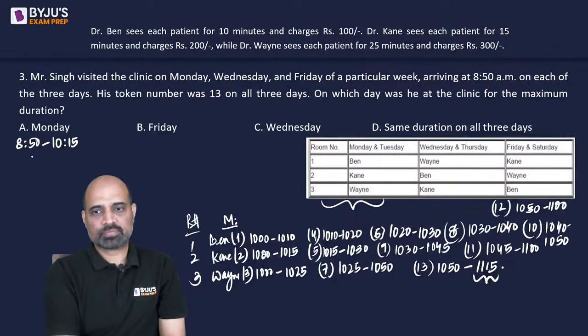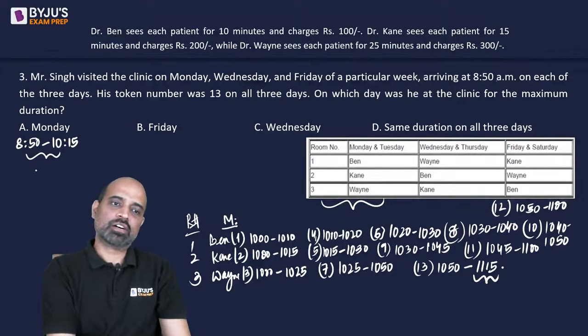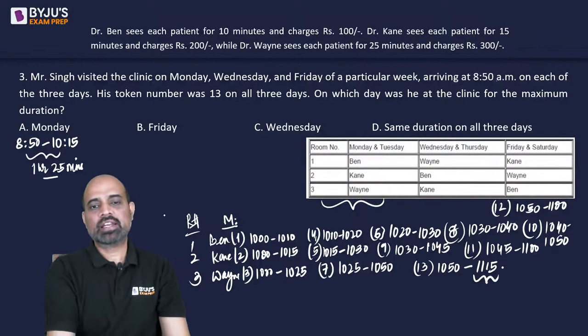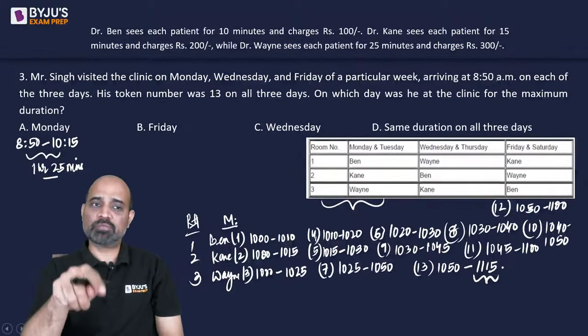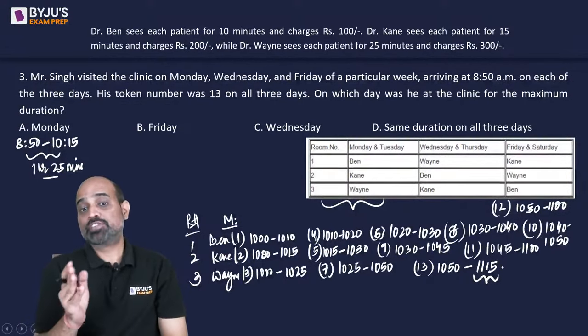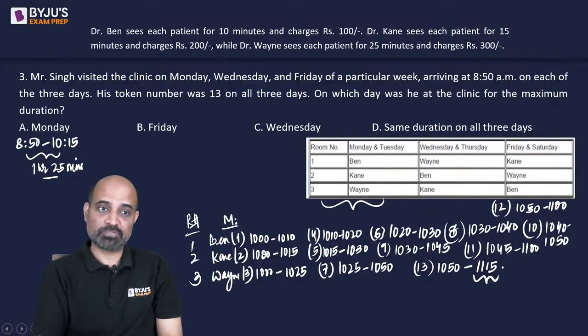So this is the length for which Mr. Singh was present, which is 1 hour and 25 minutes. In other words, patient number 13, Mr. Singh, is going to be seen by Dr. Wayne, and he will be his third patient. Third patient means 25, 25, 25, 75 minutes.